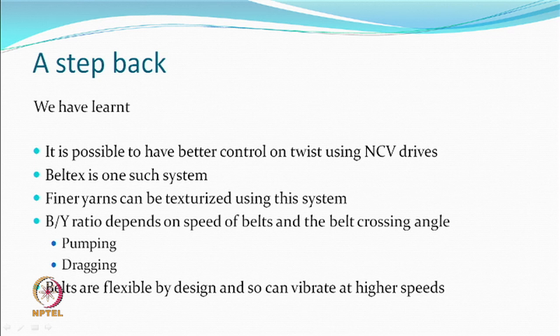We also have learnt that the belts by design are flexible because they are endless and they have to keep rotating over, let us say, two sets of rollers. Continuous compression and expansion would take place, and based on the frequency of such compression and expansion, the temperatures can also rise, and at higher speeds the vibration can also set in a flexible system.